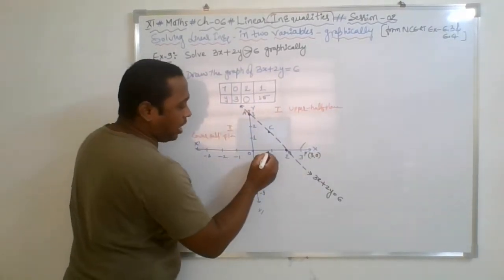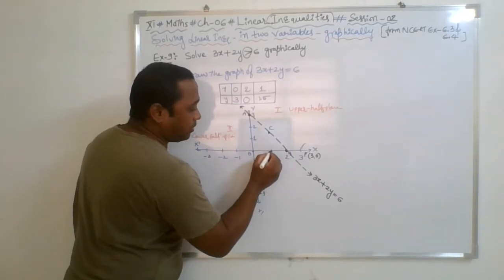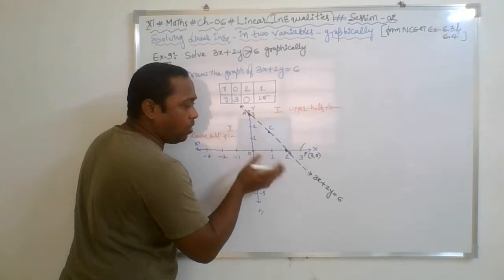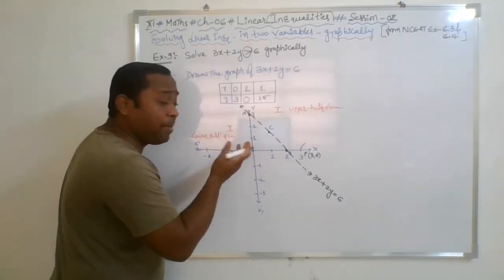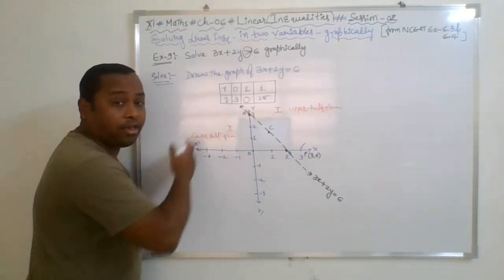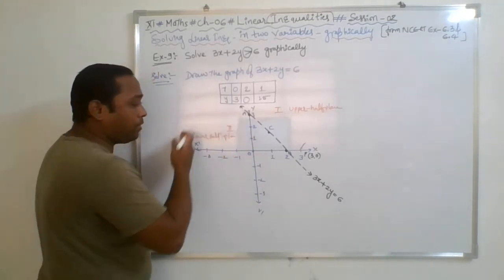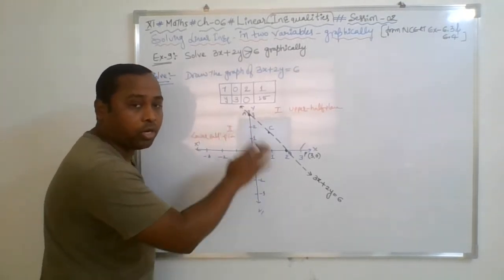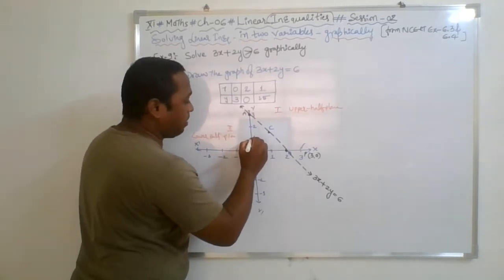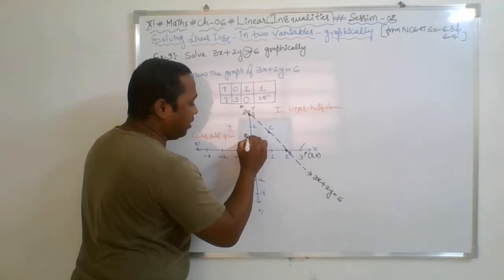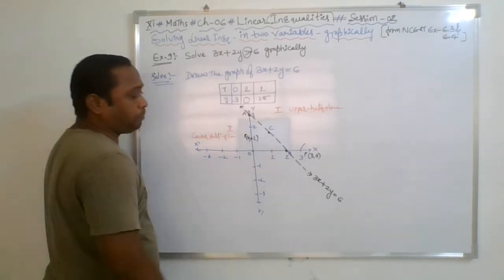From the second half plane, I am again taking a point. It may be on the x-axis, on the y-axis, or the origin; you can pick any point, but it should belong to the second half plane. So from here I am taking a point r, whose coordinates will be 0, 1.